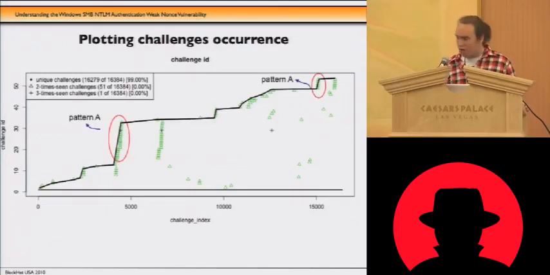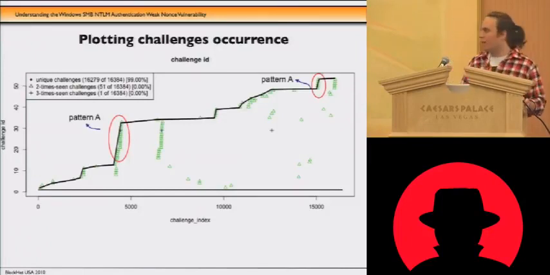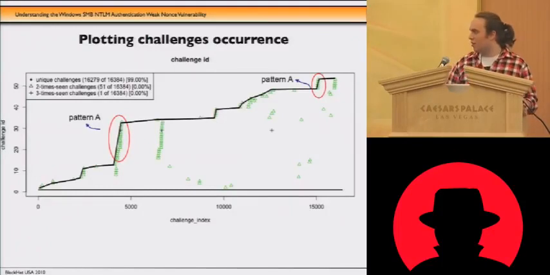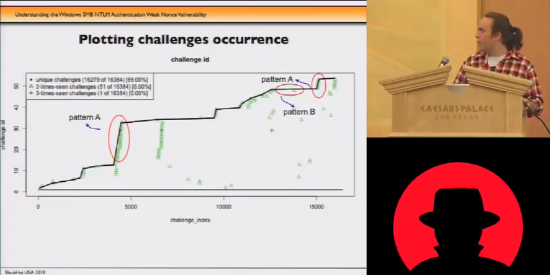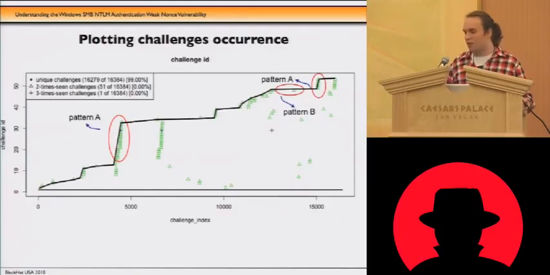For example, we have a pattern A, which is found in steep regions of the curve, meaning that within a short time frame, a lot of challenges that are issued are going to be duplicated later. And we can see a pattern B in smooth regions of the curve, meaning that within that time frame, the issued challenges are not going to be duplicated later.